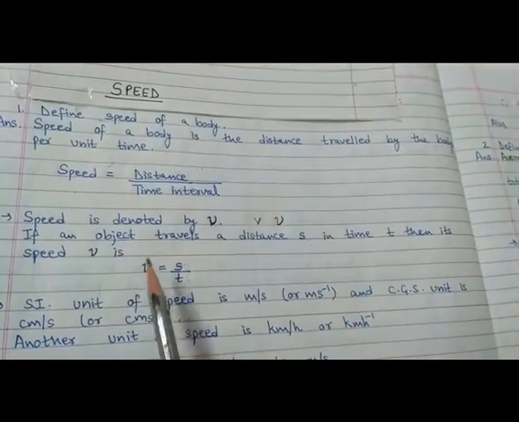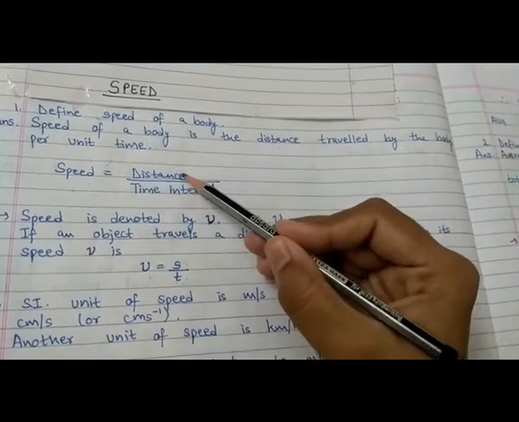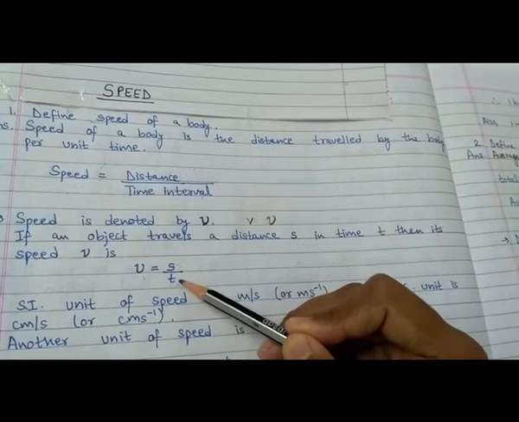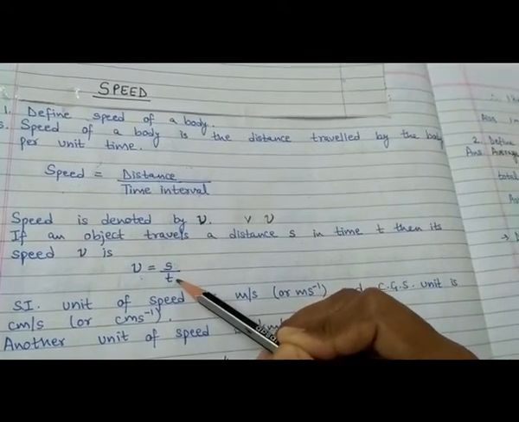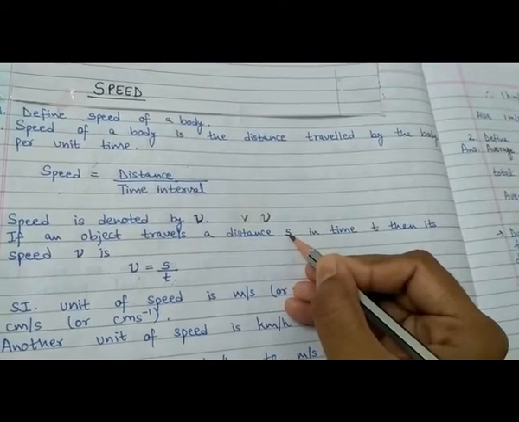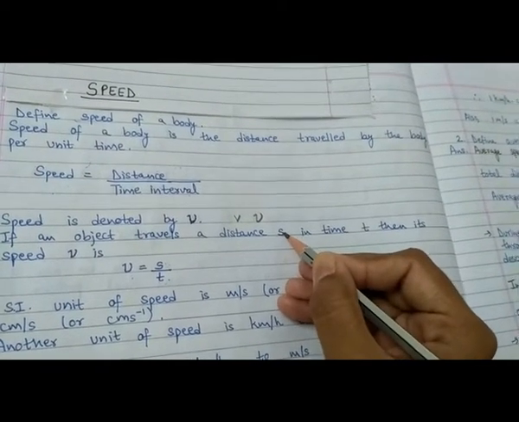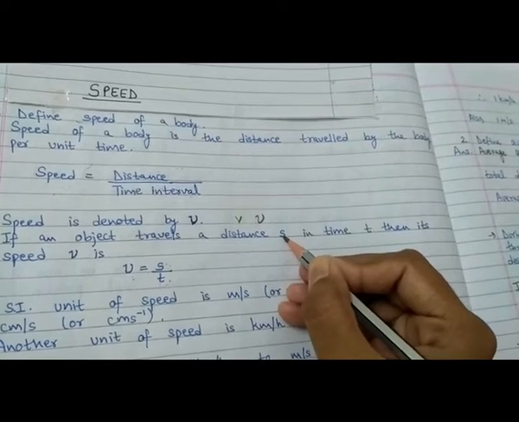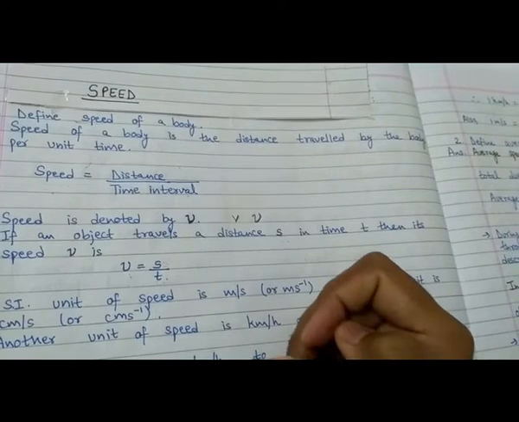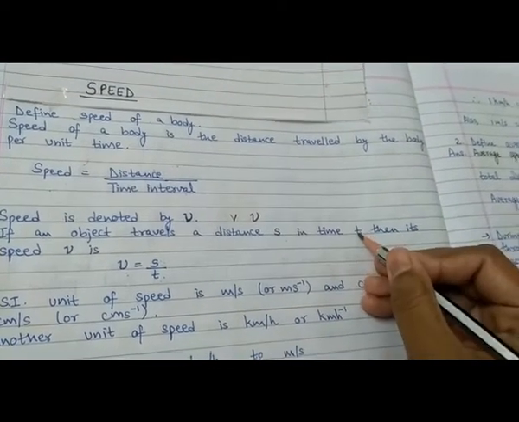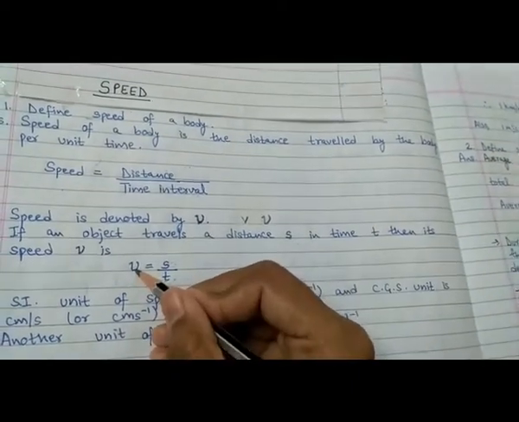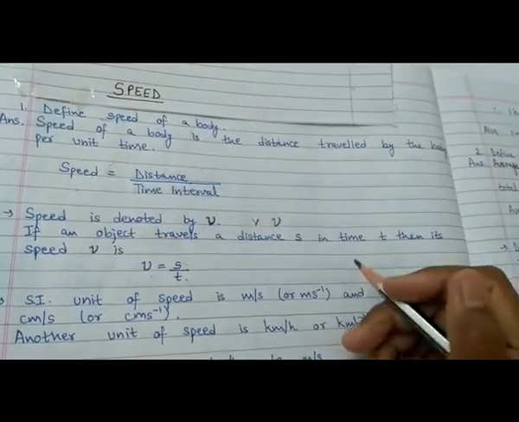Speed will be represented as small v, distance traveled by small s, and time interval by t. One thing here, don't get confused this s with speed. This small s will always be used to represent the distance traveled by the body, small t for the time taken, and small v for the speed of the body.